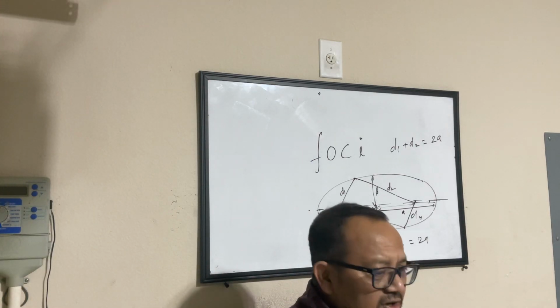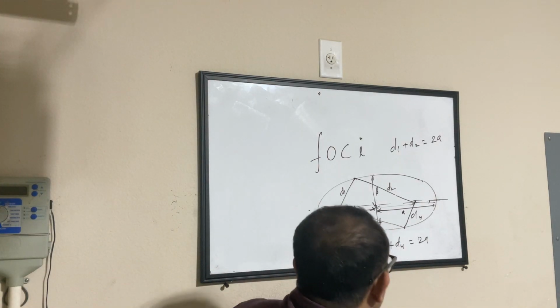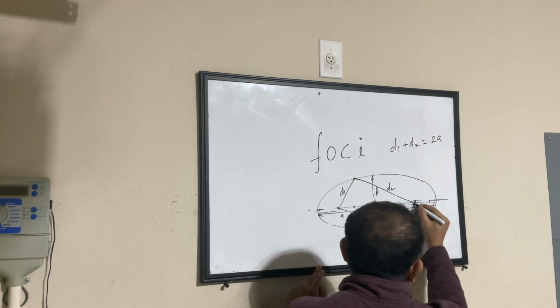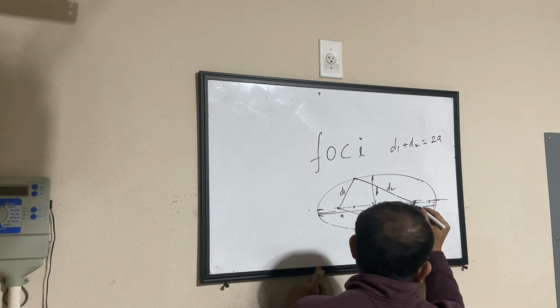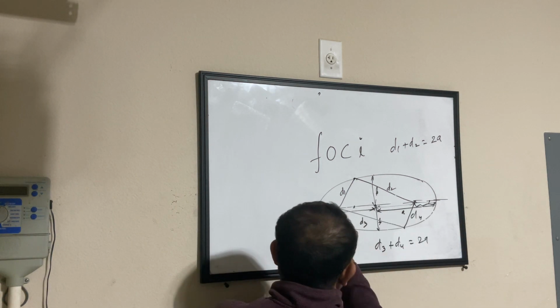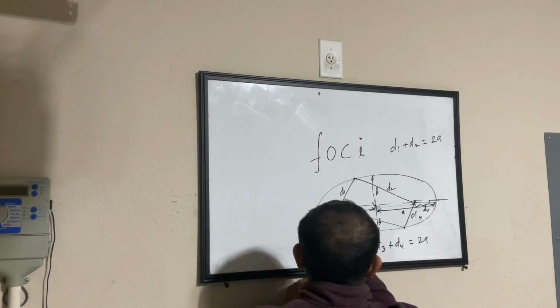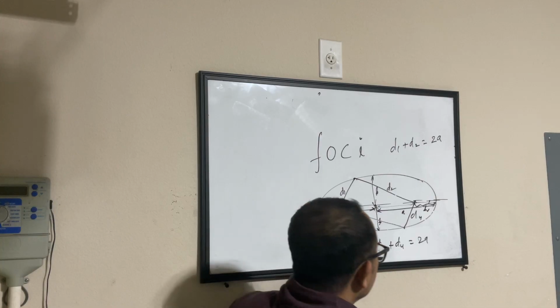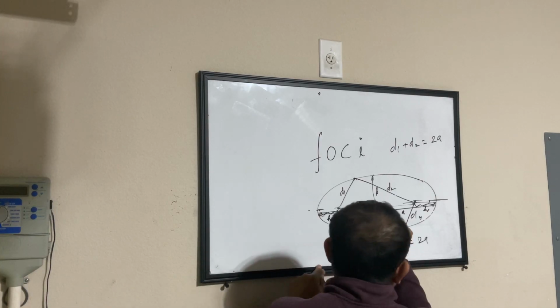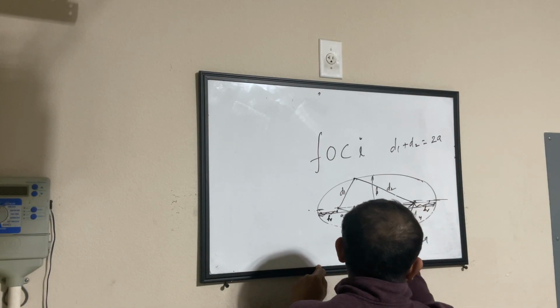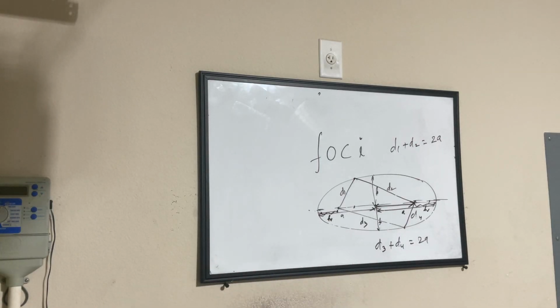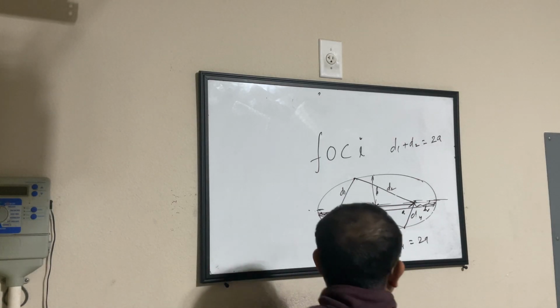Now we can just look at a simple proof of that. Look at this. Here to here, this is symmetric, right? So this point to this point is the same. Let's say this is h. So this will also be h. Similarly, here to here. Let me use a different color pen so that I don't create confusion for you guys.